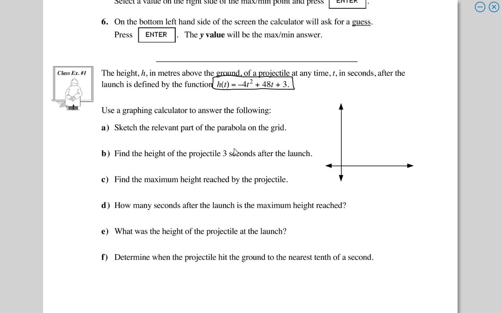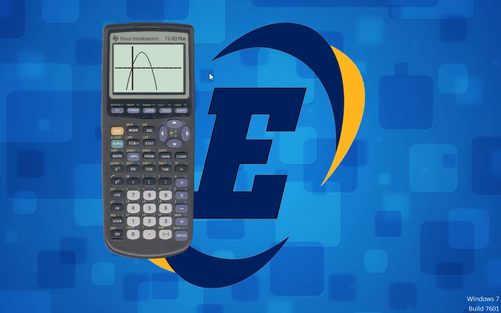So right here, on this 3 seconds, can you guys just put x equals 3? How do you punch in an x value on this calculator? Second trace, and number 1 value. Then you can type in x equals 3.